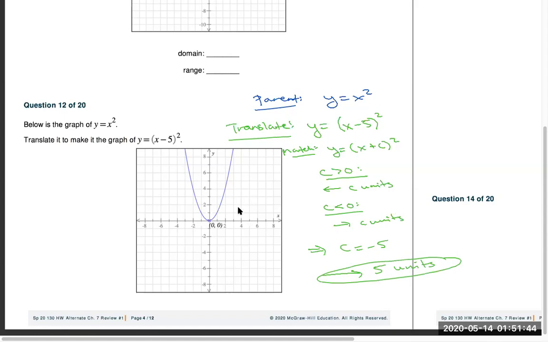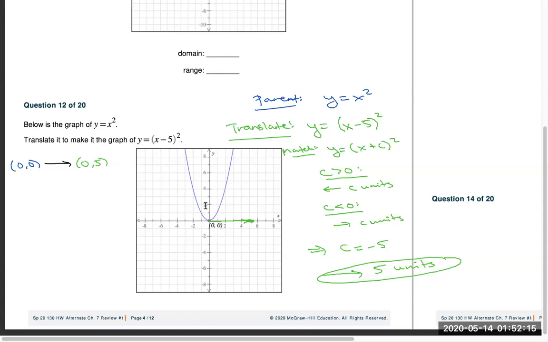Okay, so what that means, you have this point 0, 0, right? You're going to take that point and move it over by 5 units. Okay, so your parent had the point 0, 0. And now your translation has the point 0, 5. Okay, let's choose some other prime points before we move on here.